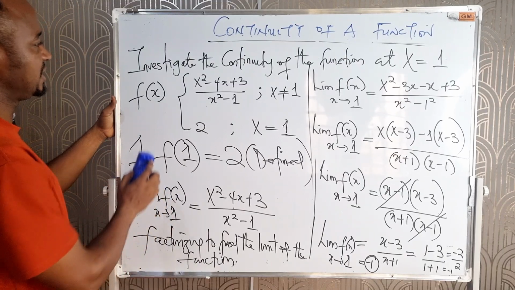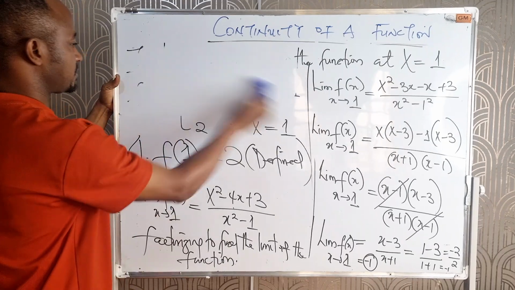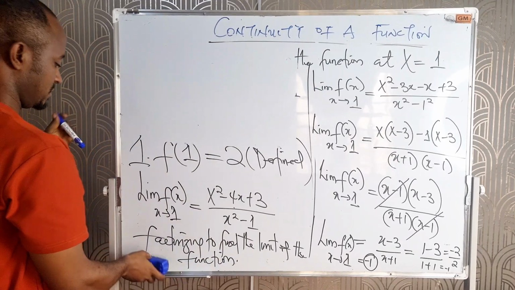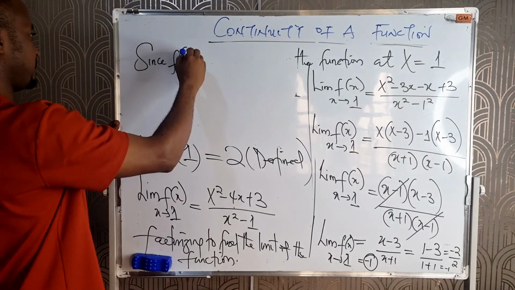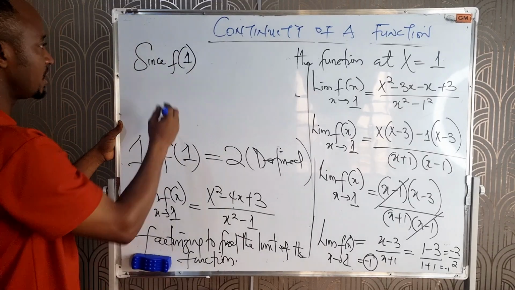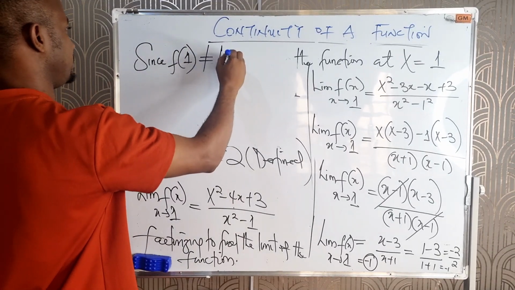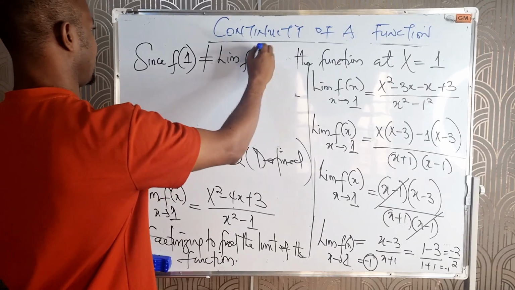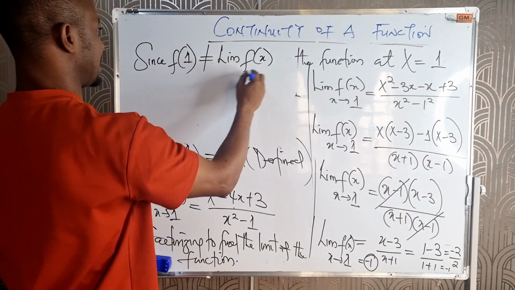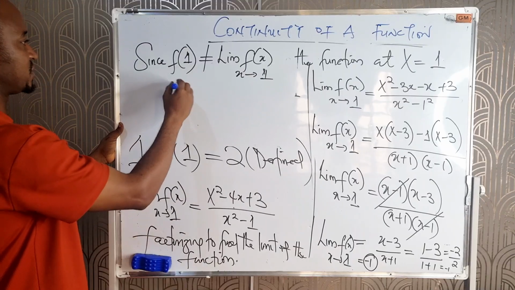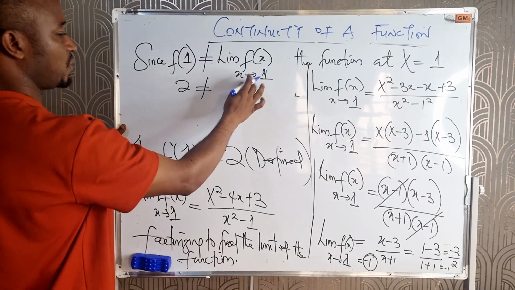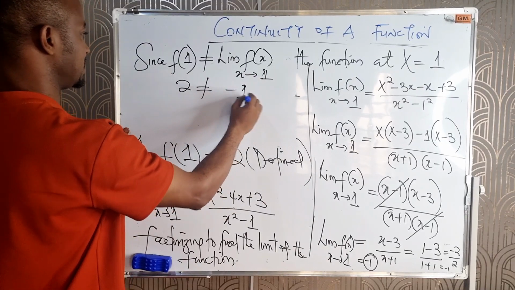Okay, so let's finalize. Since f of 1 is not equal to the limit of f of x as x approaches 1, the value we have here is 2, and 2 is not equal to what we have here, which is minus 1.